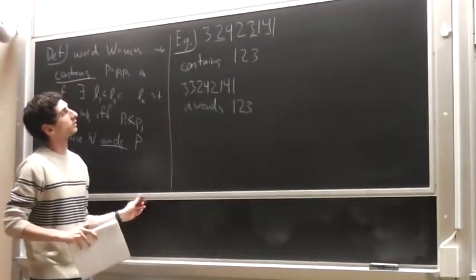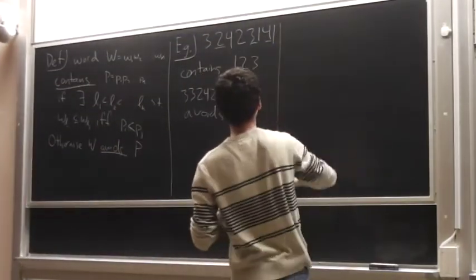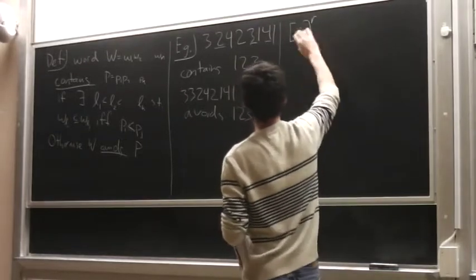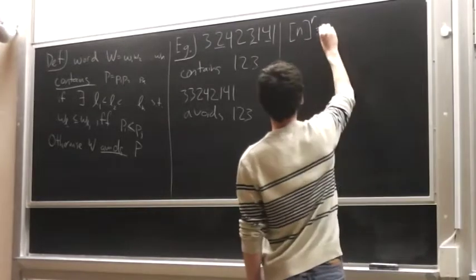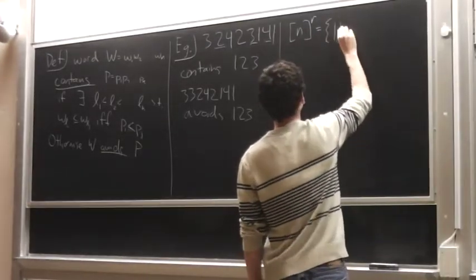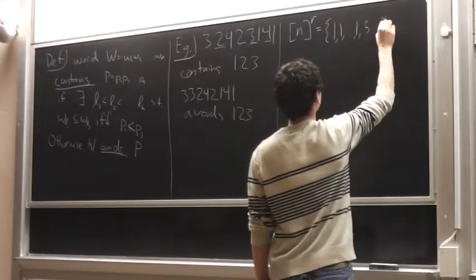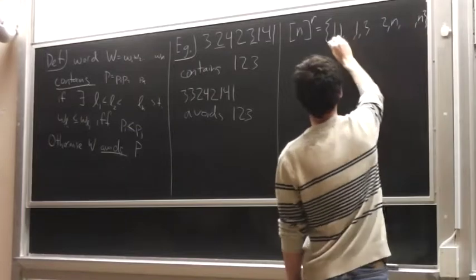In general, we're going to be looking at words on the alphabet n to the r, which is equal to 1, so r copies of 1, r copies of 2, dot dot dot, r copies of n.